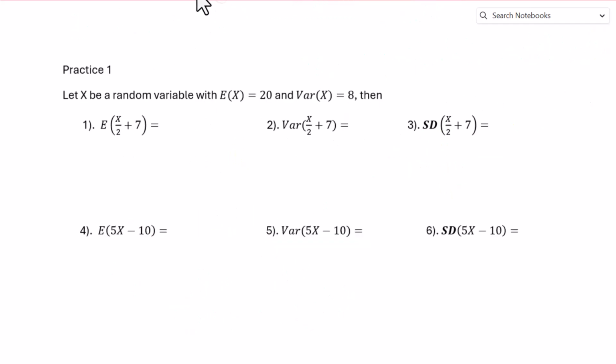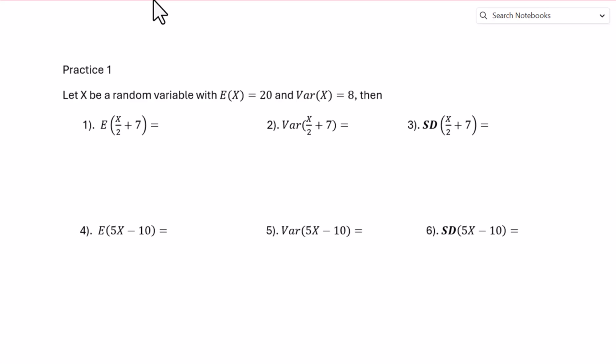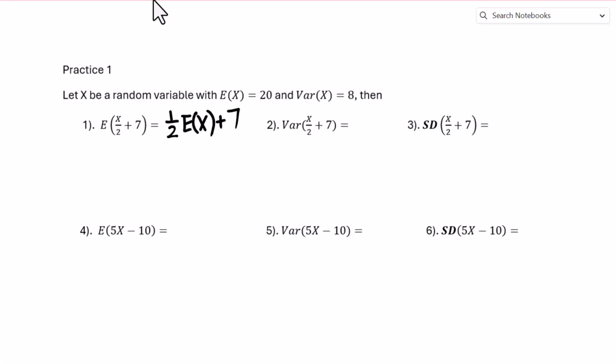Let's go to practice 1. Let X be a random variable with E of X equals 20 and variance of X equals 8. Then E of X over 2 plus 7 equals 1/2 E of X plus 7, which is 1/2 times 20 plus 7 equals 17.